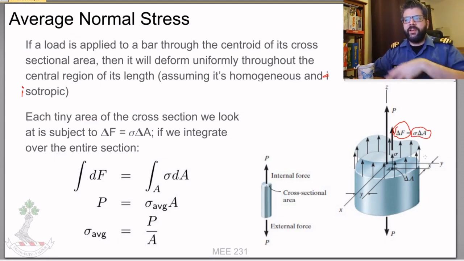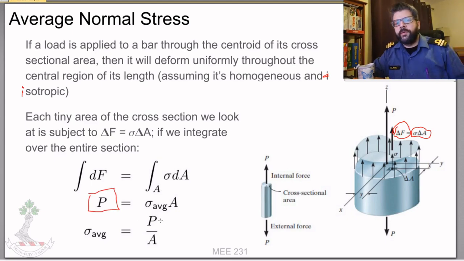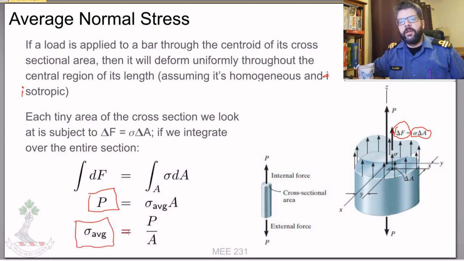So if we take that and integrate over the area, we get the total load. So essentially what we're saying is that we can calculate the average stress by finding our P, just taking our total load and dividing by the cross-sectional area.